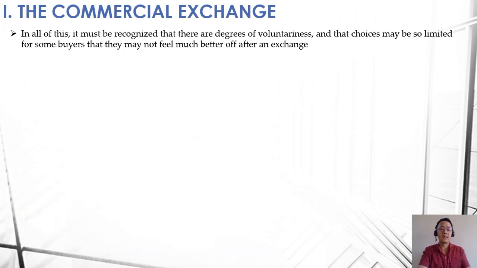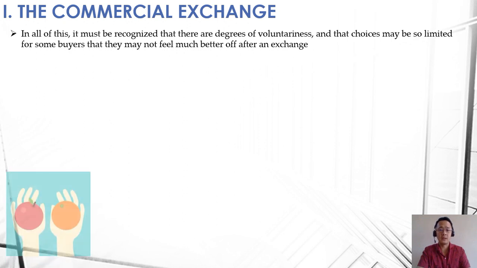In all of this, it must be recognized that there are degrees of voluntariness and that choices may be so limited for some buyers that they may not feel much better after an exchange.